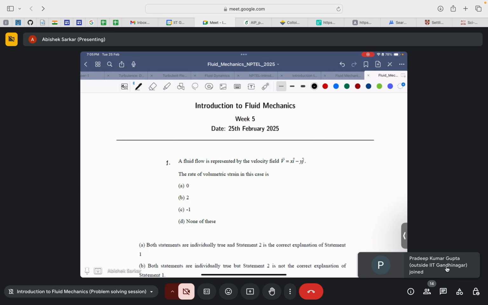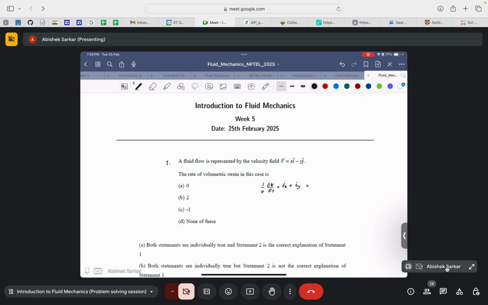Okay. So the fluid flow is represented by a velocity field given by V equal to x i cap minus y j cap. The rate of volumetric strain is given by, so you need to find εx dot plus εy dot. Since it's a 2D case, so (1/V) dV/dt would be equal to this one.